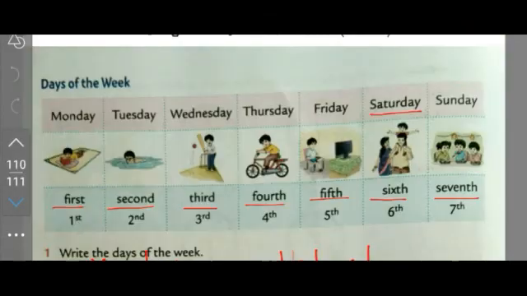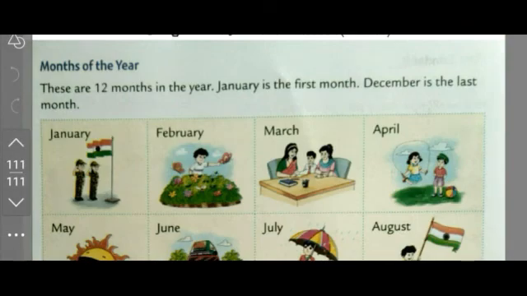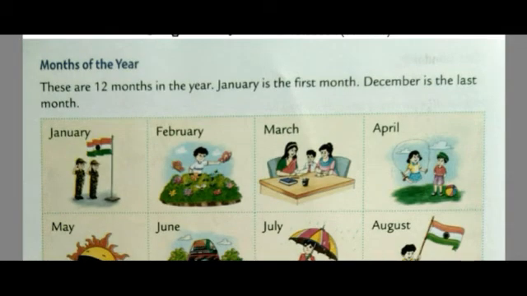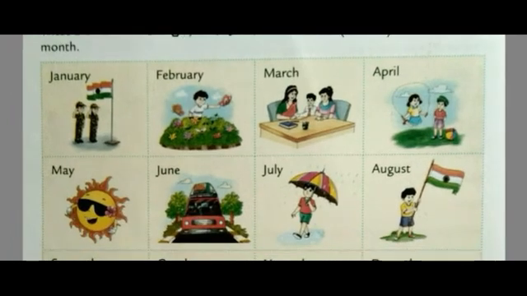Okay, scholars. Moving on to our last topic for this chapter, that is months of the year. So scholars, there are 12 months in the year, in which January is the first month and December is the last month of the year. So let's read out the months once more.